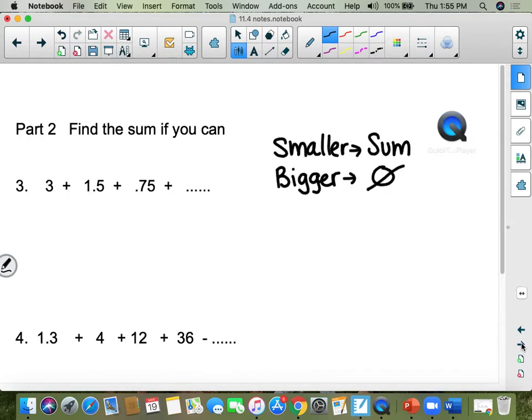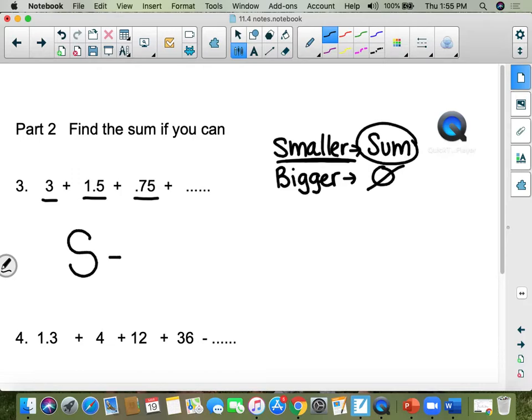So here we go. Second part of the assignment. Are these numbers getting smaller, or are they getting bigger? You guys are right if you're talking to the computer and at me. The numbers are getting smaller. We can find the sum.